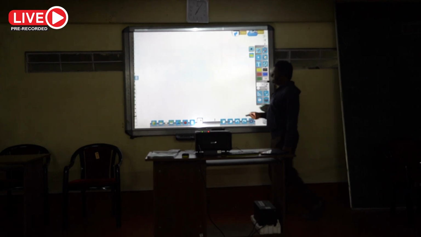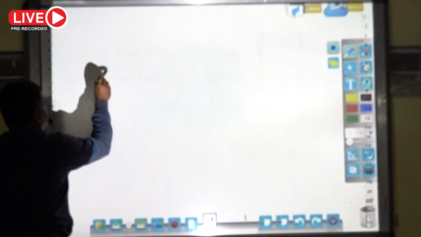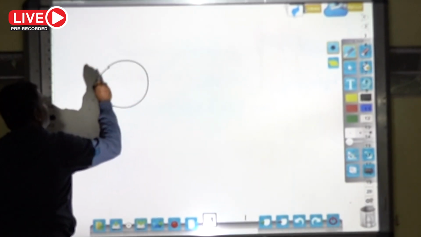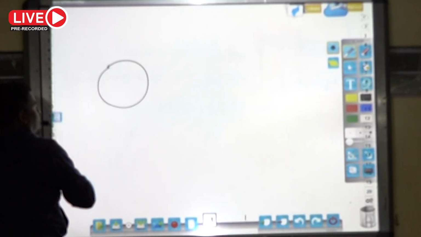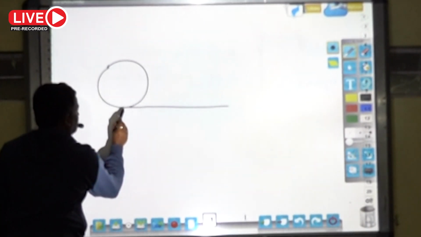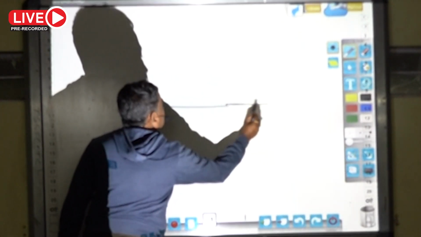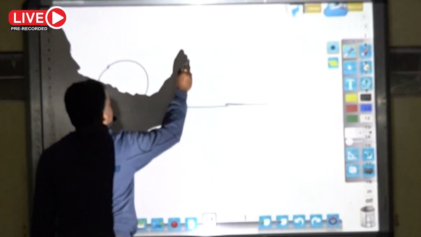This one is the wheel. So this is the horizontal ground. After half revolution, the wheel comes here.